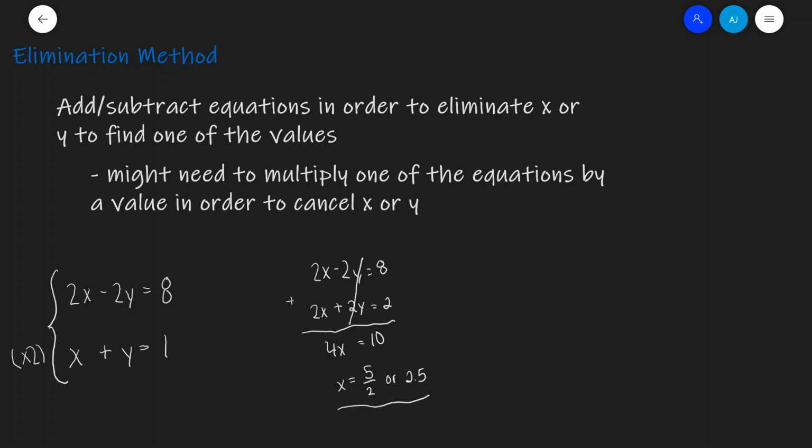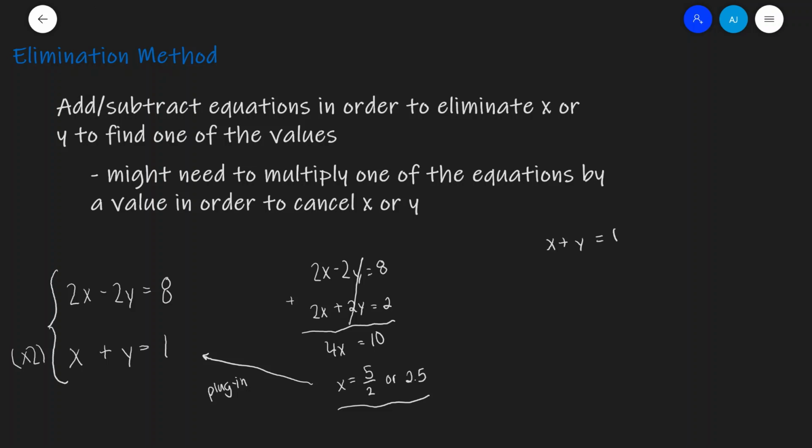Alright, so now, just like last time, I can plug this value back into one of the equations. And if you're doing this on a test and you don't have much time, I would recommend choosing the equation that you feel would involve fewer calculations. So in this case, x plus y equals 1 seems like a way easier equation to use.